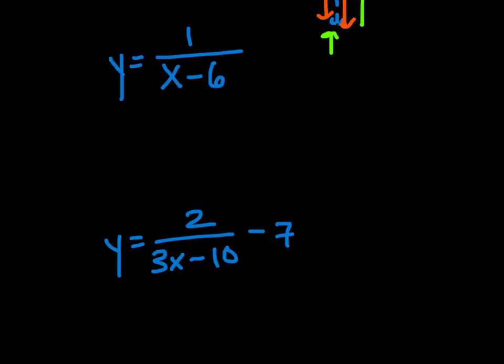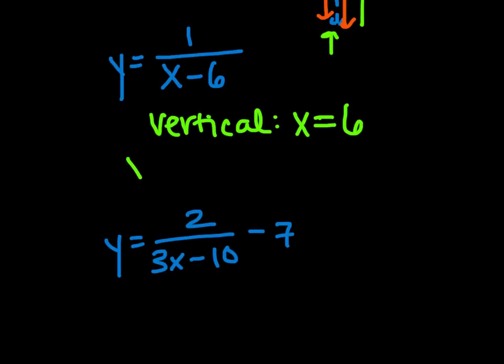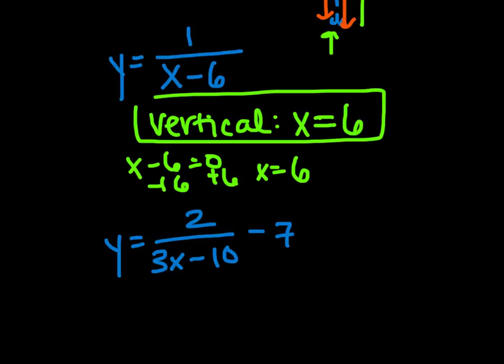We have y is equal to 1 divided by x minus 6. Our vertical asymptote, so essentially our x value, x is equal to 6 because x minus 6 is equal to 0. We'd add 6 to both sides, x would equal 6. So we have a vertical asymptote there.